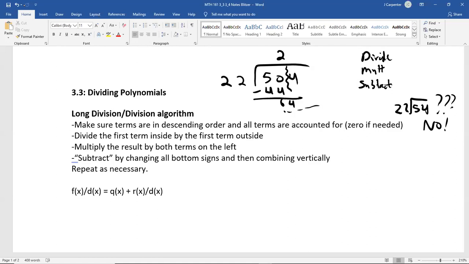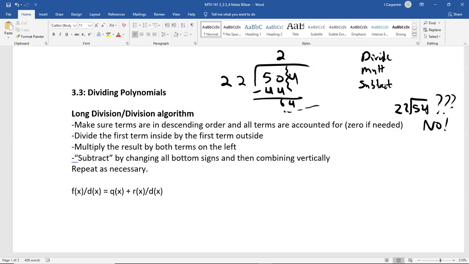Then you multiply whatever you get up top by everything on the left. Multiply the result by both terms on the left. And I say both, but it could be more than two, but we just only see two terms. Then you subtract, and I put it in air quotes. I'd be doing air quotes if I was in class. By changing all bottom signs and then combining vertically.